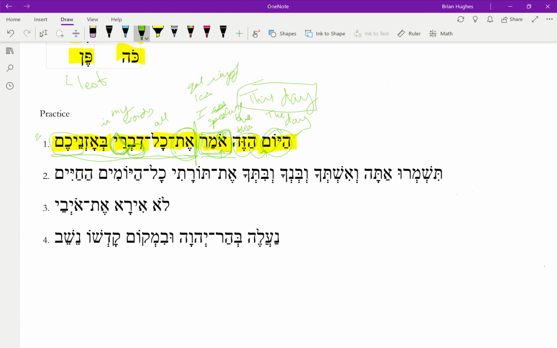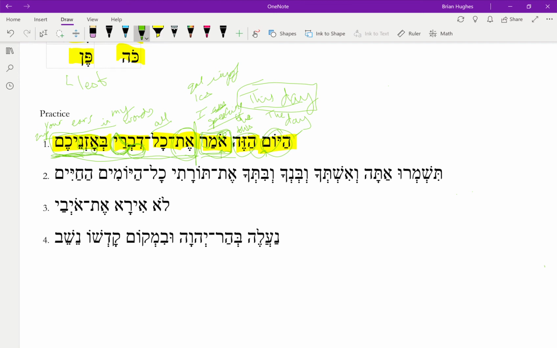This is the second masculine plural suffix, and it's got the tzere yod, so it's on a plural noun. Recognizing this as a kametz hatuf, it is ozen. Ozen is ear, and this is plural, so ears. So this is how ozen shows up in the construct, and then with this possessive suffix on it. So we could put the sentence together. This day I am speaking all my words in your ears.